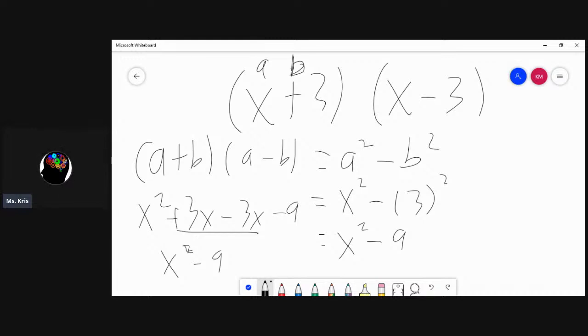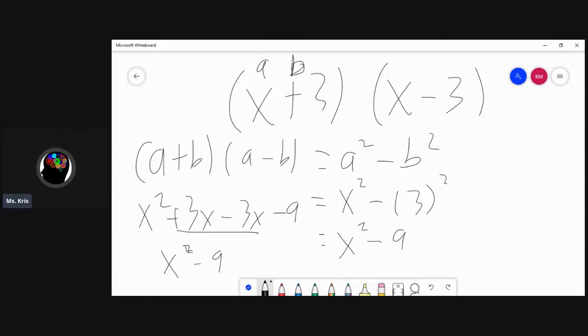So they said, hey, when you have one binomial and another binomial with the exact same type of terms, but the same type of terms have different signs, such as plus and minus, you can eliminate the middle, which is what we're used to with multiplying binomials, and it becomes a trinomial, and you turn the difference of squares into a binomial.